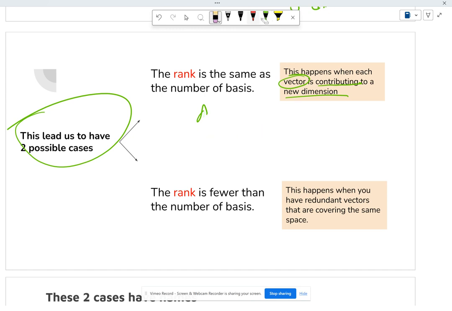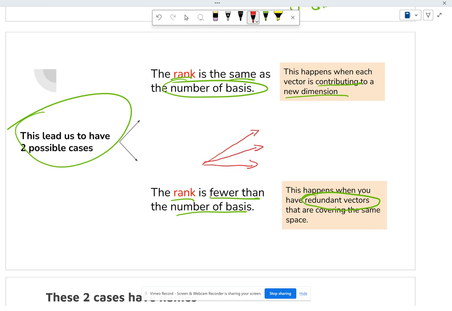But in other cases, the first case is when the rank is the same as the number of bases, but the other one is when the rank is fewer than the number of bases. This means that you have redundant vectors. So let's say you have 3 vectors again, 1, 2, and the third one is right here, 3.